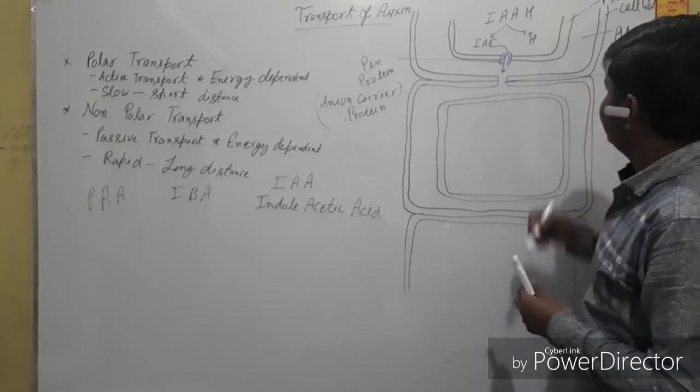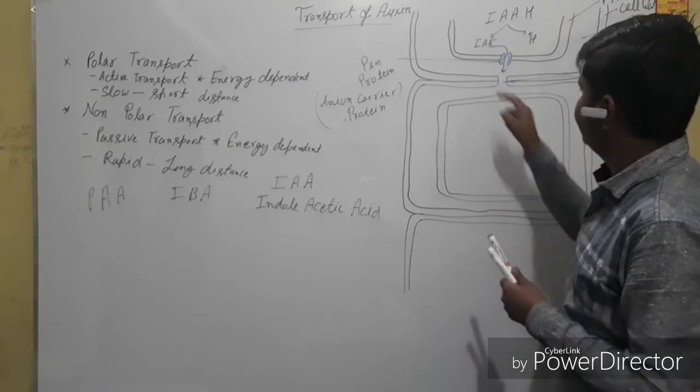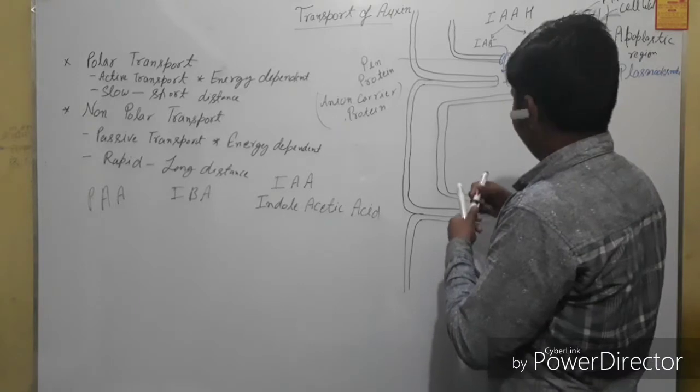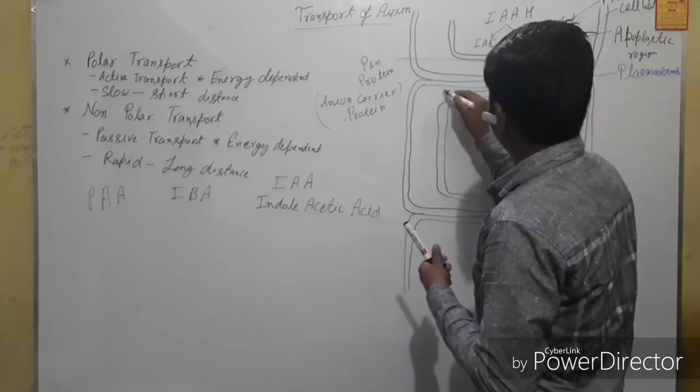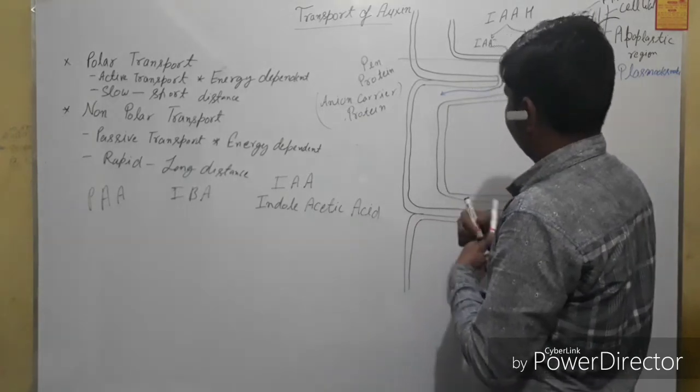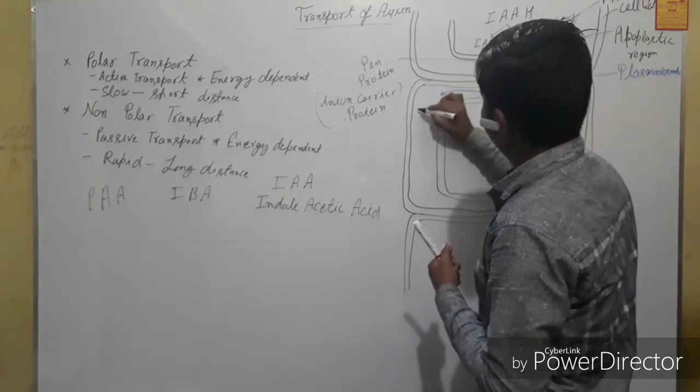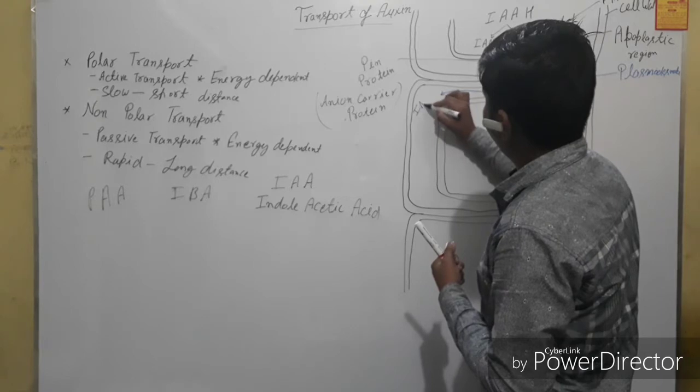From the plasmodesmata it will come here, IAA minus.